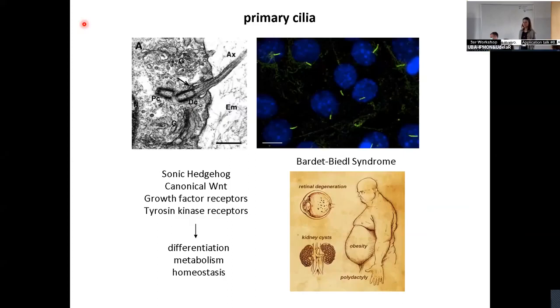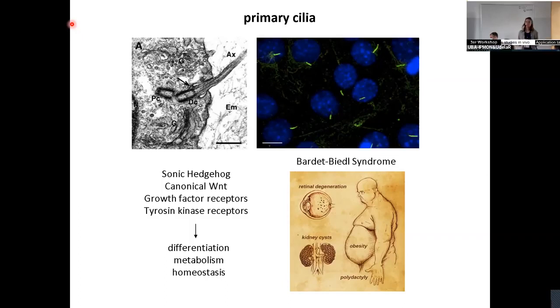Patients with mutations that affect genes related to the formation or function of primary cilia develop a group of diseases altogether called ciliopathies. Among them, the one we are studying at the Human Molecular Genetics Lab is Vanderbilt syndrome.